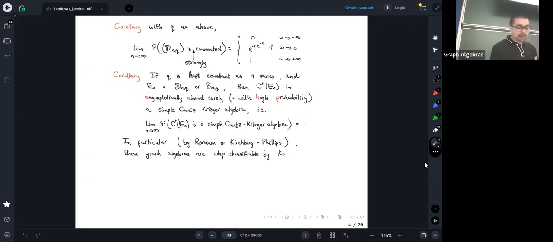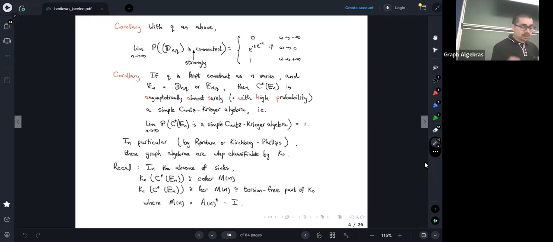Let me just remind you what the K-theory of a finite graph without sinks is. If we take the adjacency matrix, take the transpose and subtract the identity, then the K0 group is the cokernel of this matrix, and the K1 group is the kernel. Or another way of seeing the K1 group is the torsion-free part of K0.